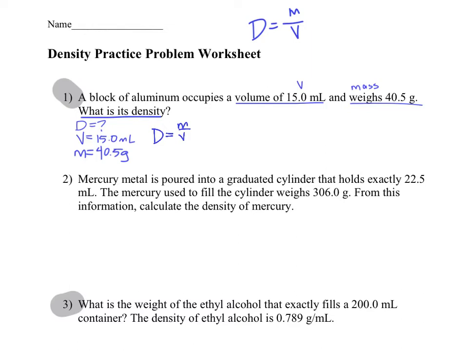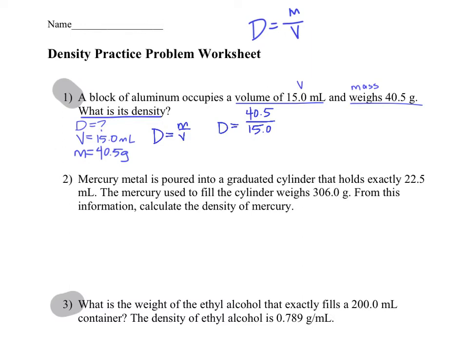Okay, so now using my equation, density equals mass divided by volume, I'm going to plug in the values that I know. So density is still unknown. I'm going to leave it as D. M is 40.5, so on the top here I'm going to write 40.5 divided by V is 15. So I've got it set up properly. I've got 40.5 in the numerator, 15 in the denominator, and now when I calculate, you're going to type in the top number first.